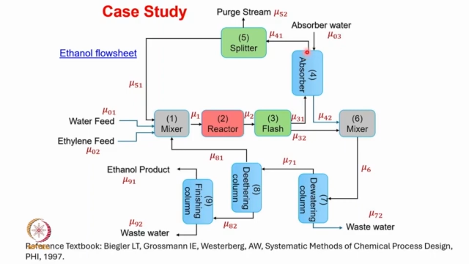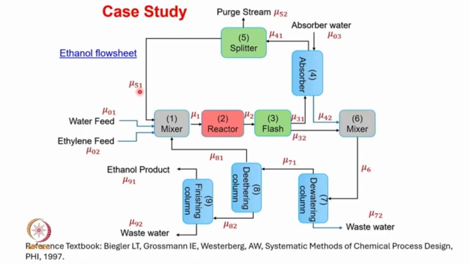The vapor coming out from the absorber is then sent to the splitter unit, where some uncondensed gases and impurities are removed as a purge stream, with molar flow rate mu 52, whereas the recycled stream coming out is mu 51.